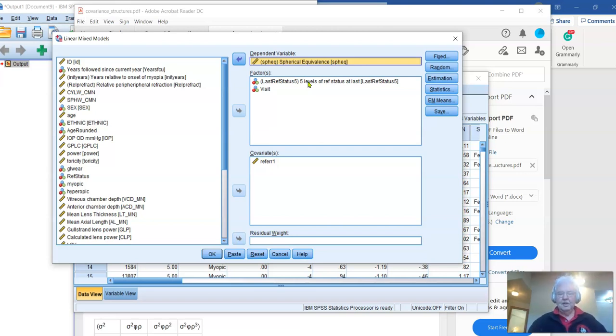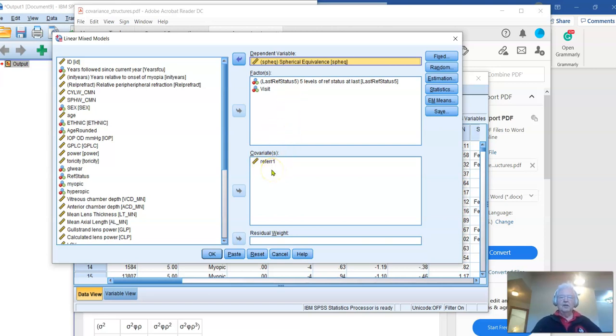The answer in terms of the variance will be slightly different because it includes those other two. But since we're going to focus on those two, I just selected them out so that it didn't muck up the data by having these more extreme myopes and hyperopes in there. And visit is the other main effect, visit 1 through, I think 5 is probably the best, or 6, I guess it comes up. And then we want our covariate to be refractive error. So we're looking at spherical equivalence.